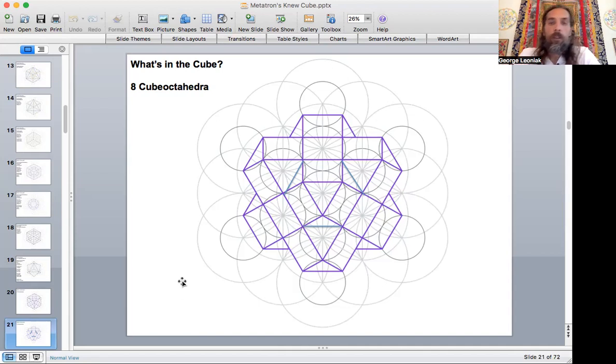So I'm taking away the cube now so we can look at the cuboctahedrons. Remember, these cuboctahedrons are the shapes that I showed you earlier, but now there are 8 of them. So really we're getting into that concept that we have 8 again, the 8 star tetrahedrons, which I will get to in a moment.